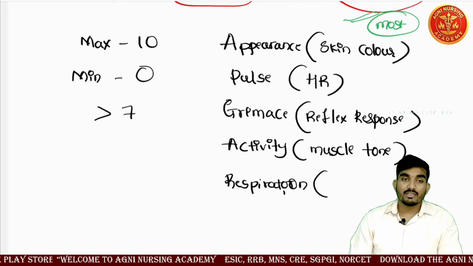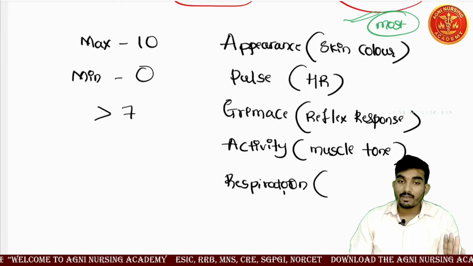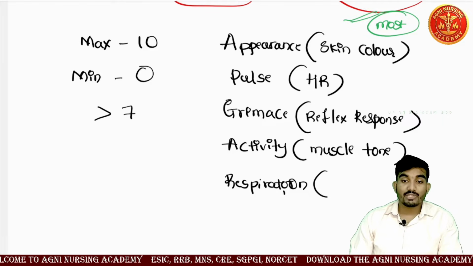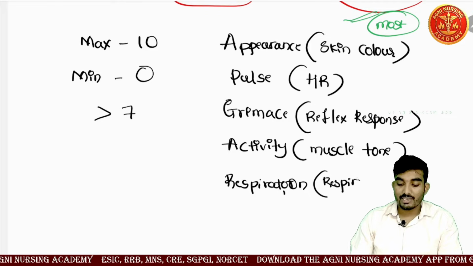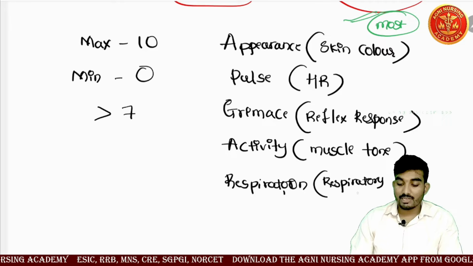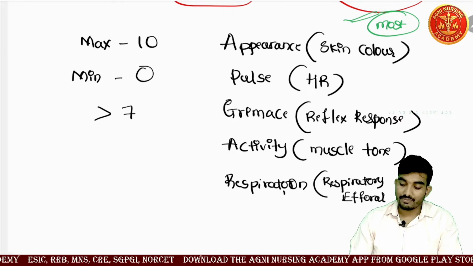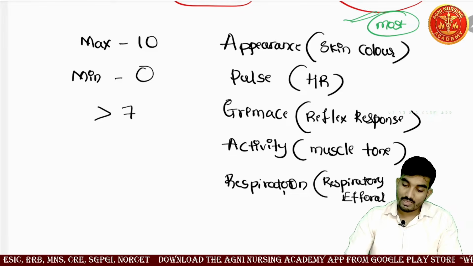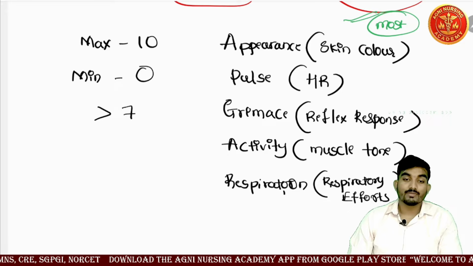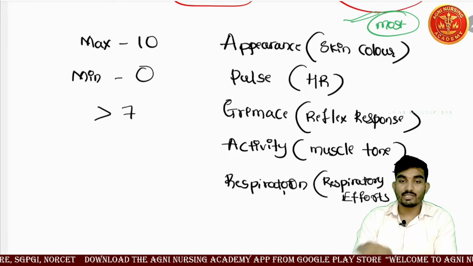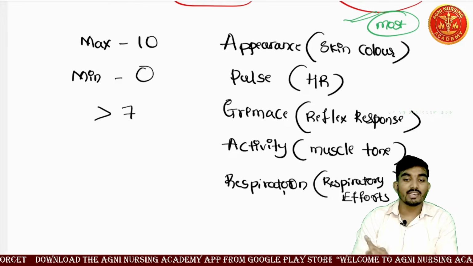In the Apgar score, we do not assess the respiratory rate; we assess the respiratory efforts, not the respiratory rate. Five parameters are there: appearance, pulse, grimace, activity, and respiration.